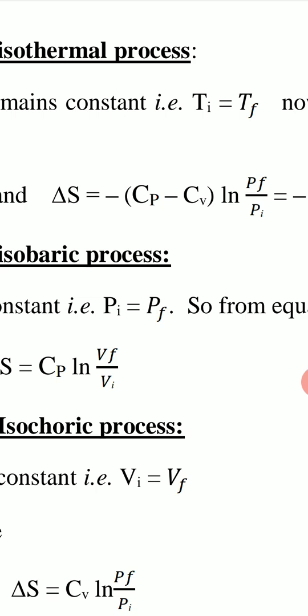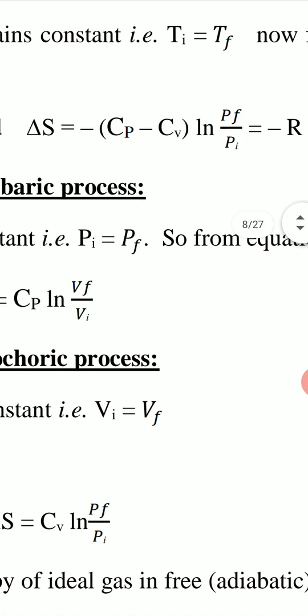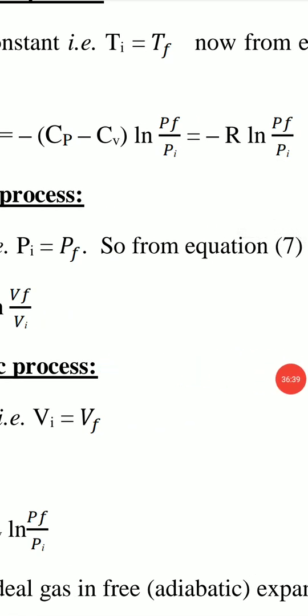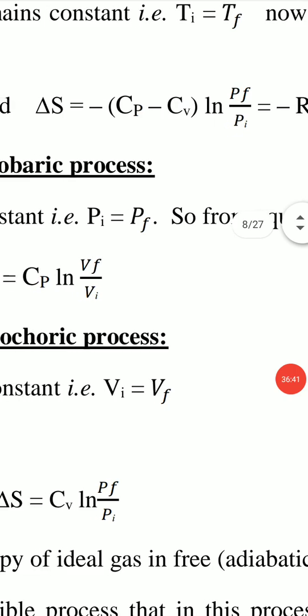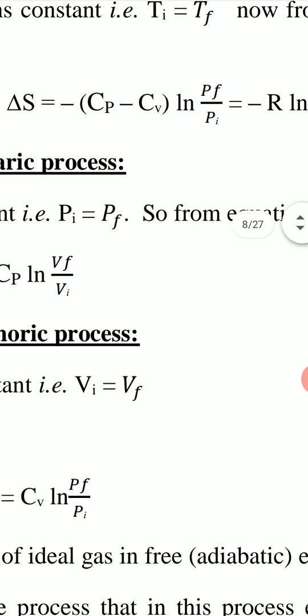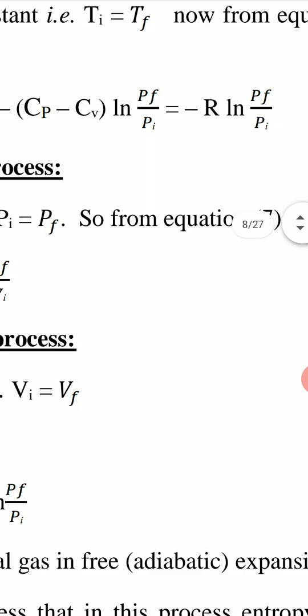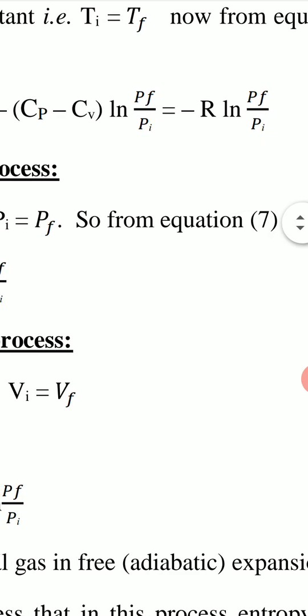So the terms having log Tf upon Ti become 0 for isothermal process, and we get the expression for change in entropy delta S as minus (Cp minus Cv) log Pf upon Pi, or minus R log Pf upon Pi.